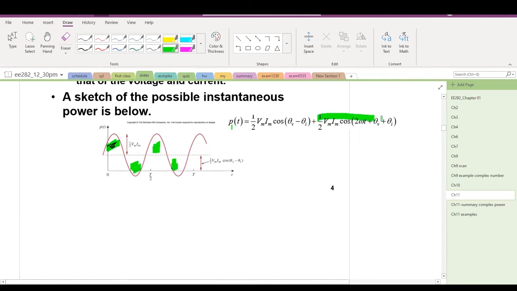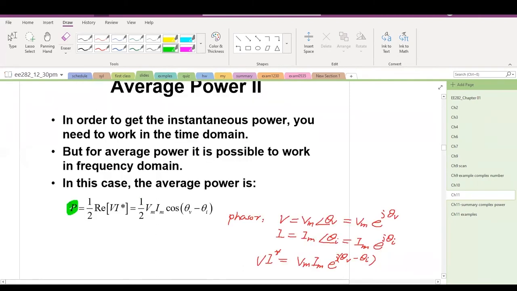So the integral on this term goes to 0. The average power is determined by this term. Therefore, the average power equals half Vm Im cosine(theta V minus theta I). That's the phase difference between the voltage and the current. And this is also equal to half the real part of phasor V times the conjugate of I.